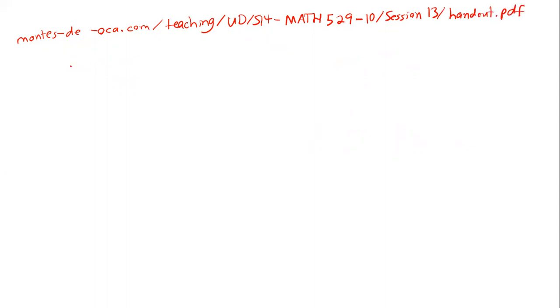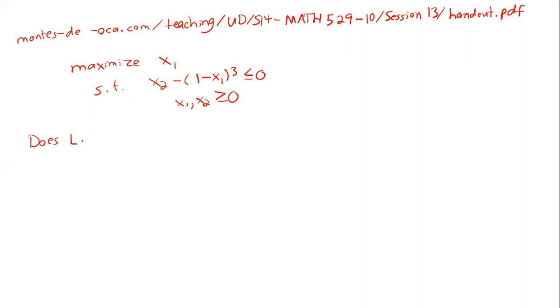It says, let's do the following. What if we have to maximize x1 such that x2 minus 1 minus x1 cubed is less than or equal to 0, and x1 and x2 are greater than or equal to 0? And we're going to ask: does the LICQ hold at x equal to (1, 0)?